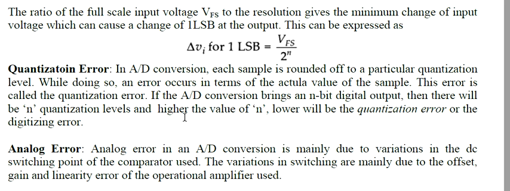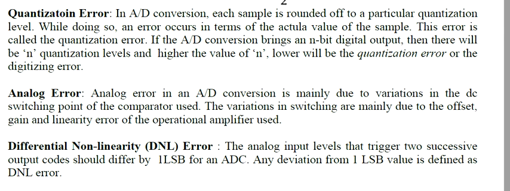The higher the value of n, the more quantization levels, and the lower the quantization error. Next is analog error. Analog error in an analog to digital conversion is due to the variation in the switching point of the comparators used.